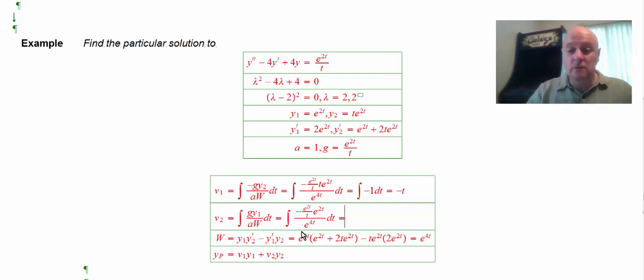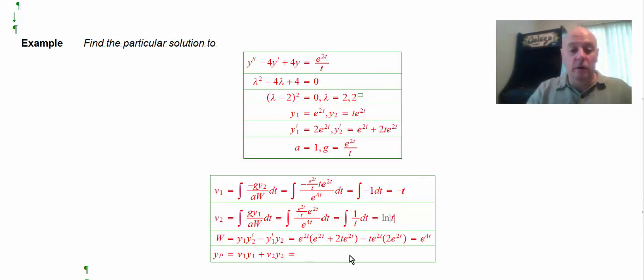The v2, the e to the 4t's cancel top and bottom, but no minus sign in the second piece, and I end up integrating 1 over t dt, which is ln of absolute value t.